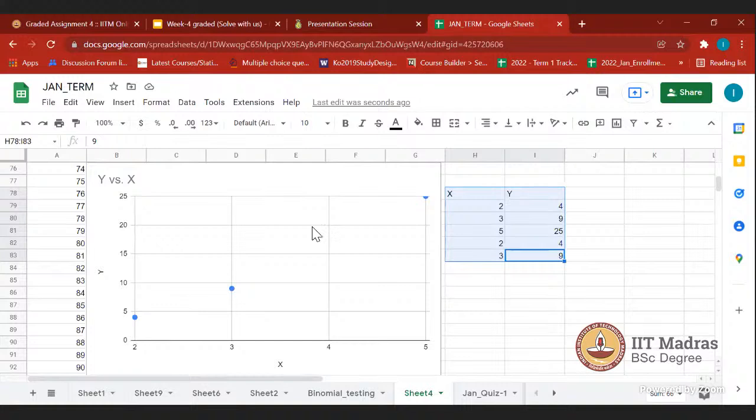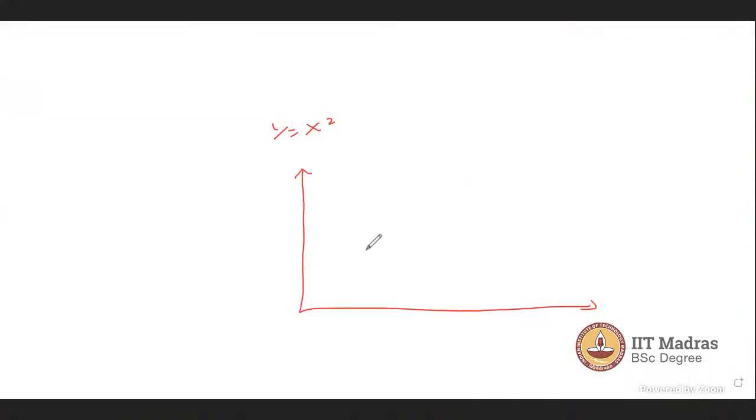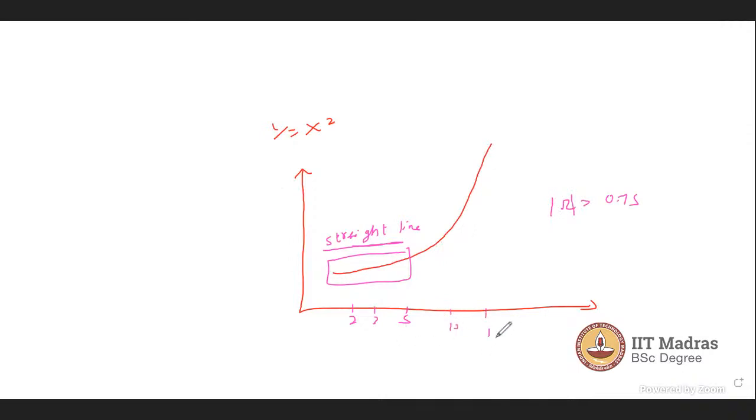Because whenever we draw y equals x square for positive values, my data will go something like that. So for these values like 2, 3, and 5, it remains kind of linear, like a straight line. That's why it's coming out to be a strong association. But if you keep on increasing the values, like 10, 11, 12, then it won't be linear. It will take the parabola form.